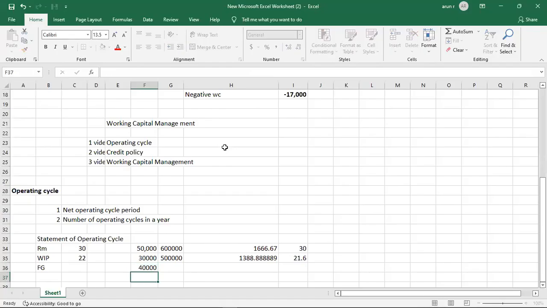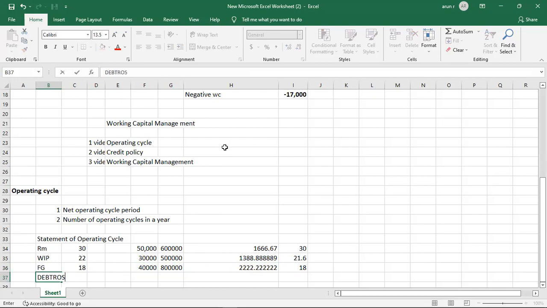So 40,000 divided by 8 lakh into 360 equals 18 days.